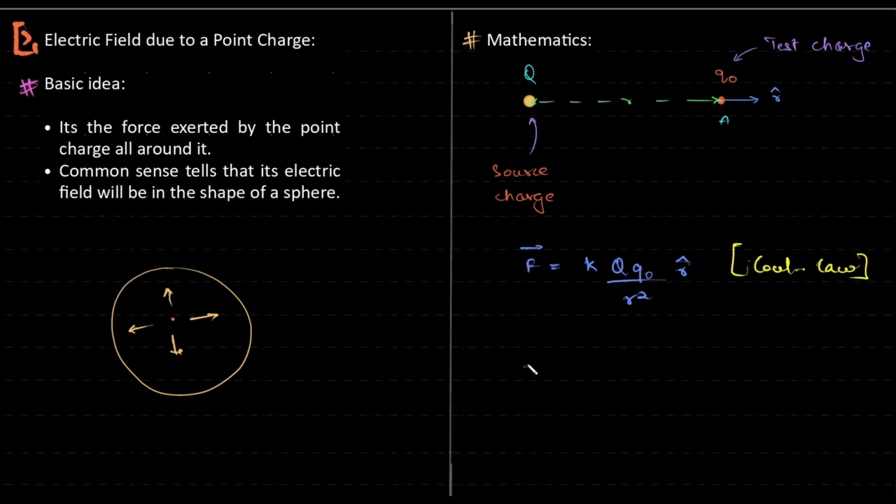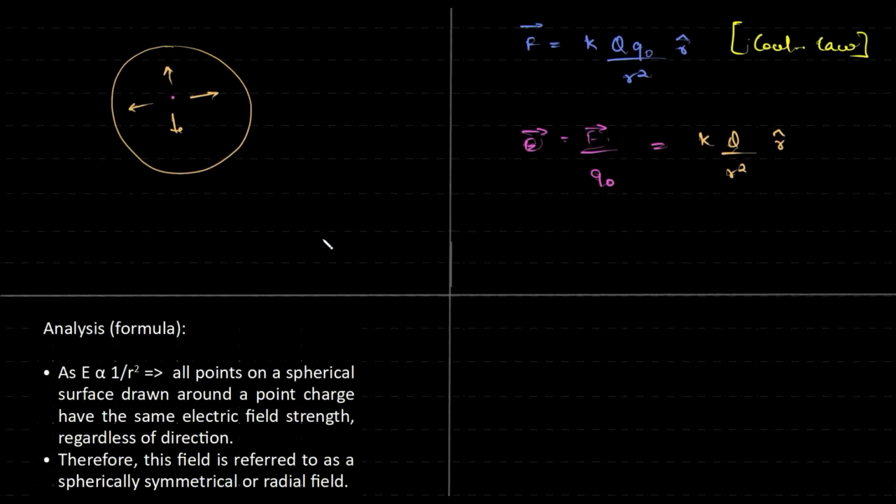Now, the electrical field, which is the force divided by the test charge, will be equal to K Q by R square along the line connecting Q and Q naught. Agree, guys? So this is the mathematical aspect of a point charge. It's a very simple thing. It's the same formula that we have seen.